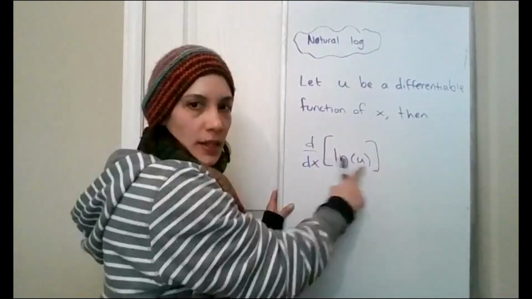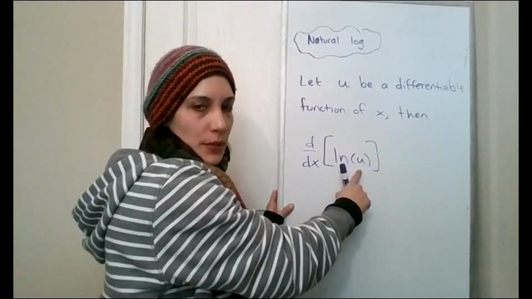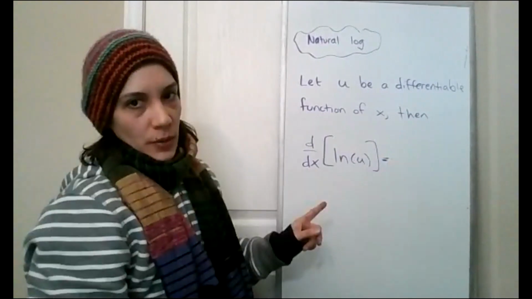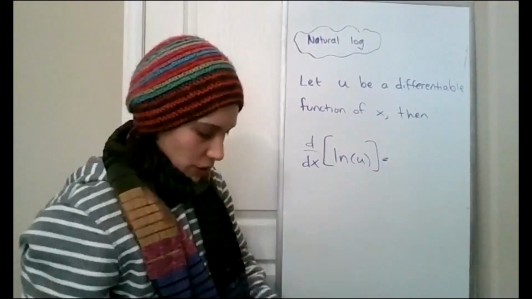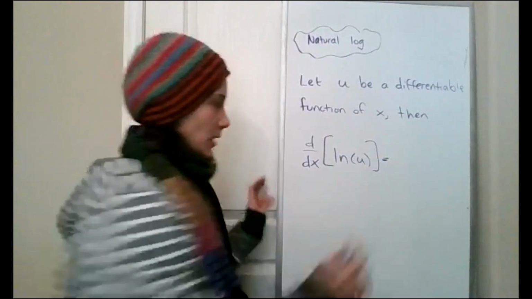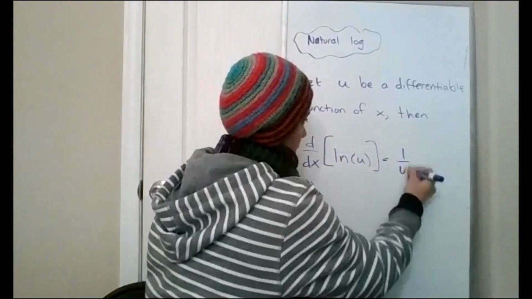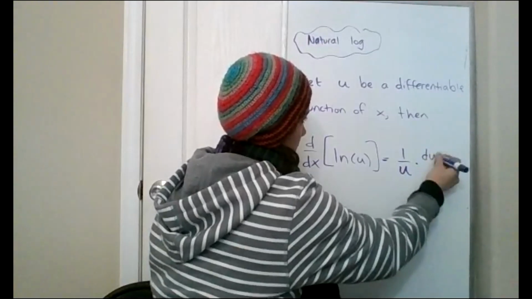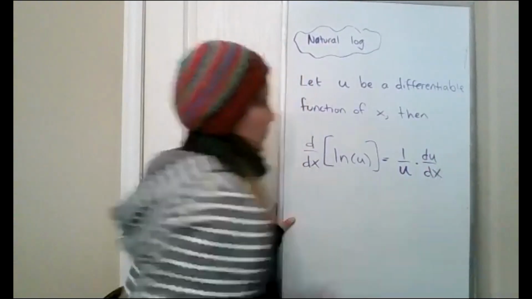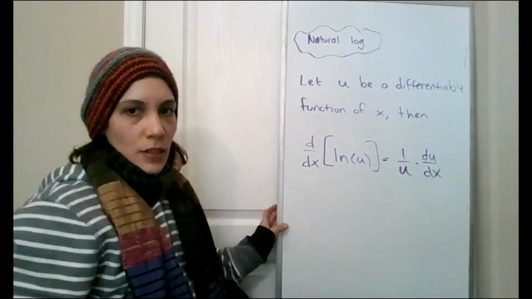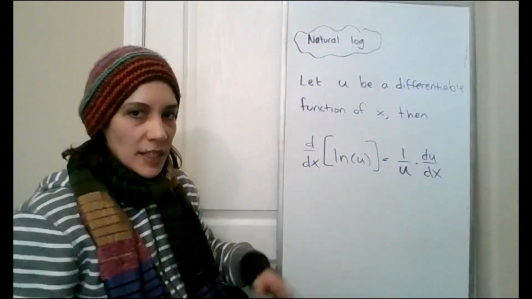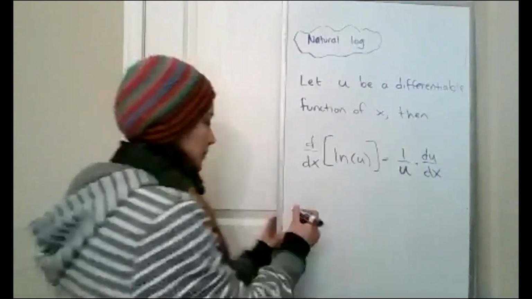So the natural log of u, this function, it's 1 over u times the derivative of u. Make sure I got that right. Yep. Okay. So I just put a note that the derivative of ln of x is 1 over x.